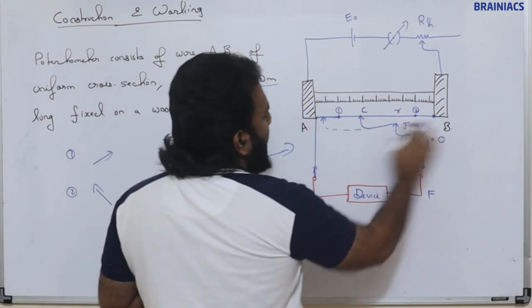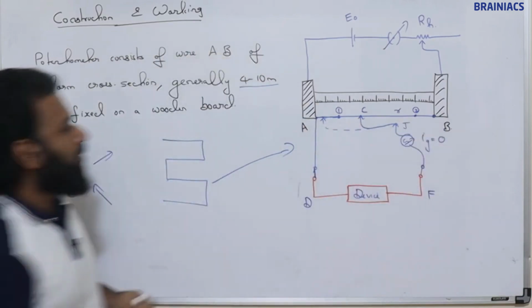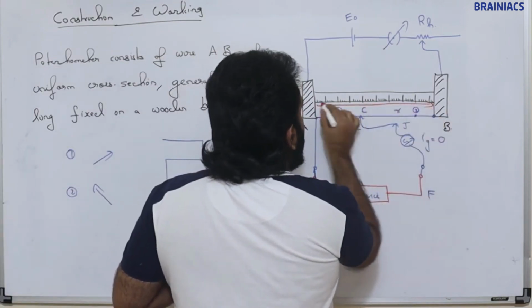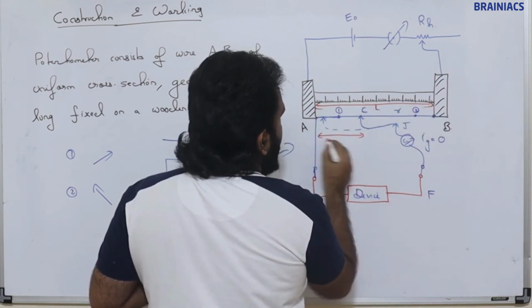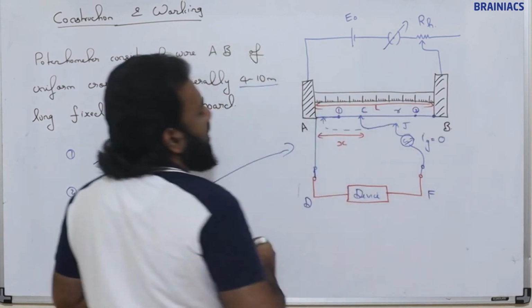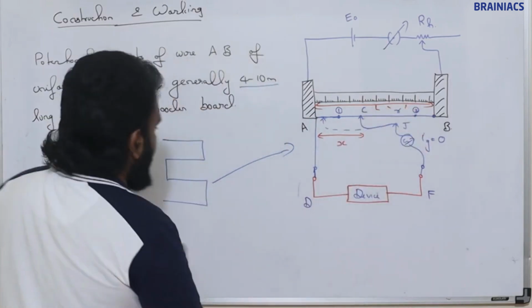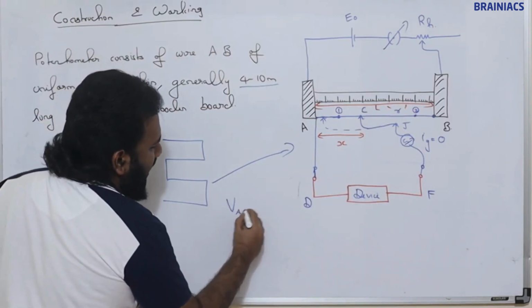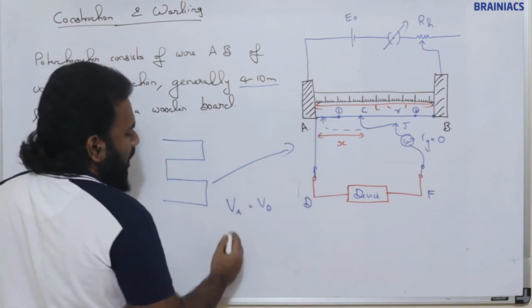Suppose the total length of this potentiometer wire is L, this length which we have found is X, and the resistance of this potentiometer wire is R. So we can say simply that potential at A will be equal to potential at D because there is no current.